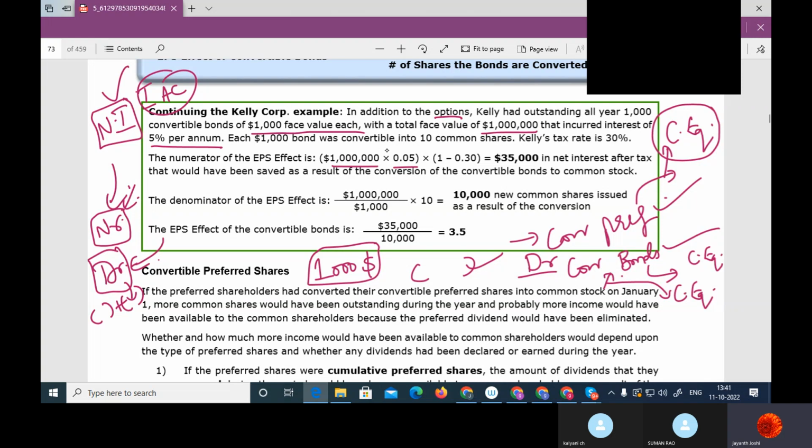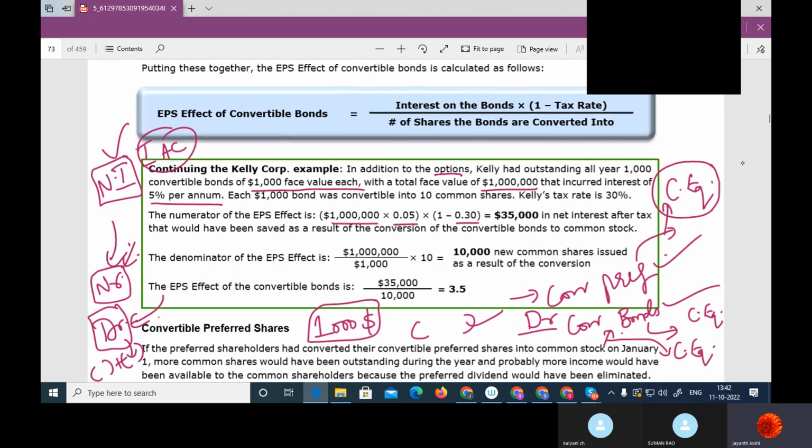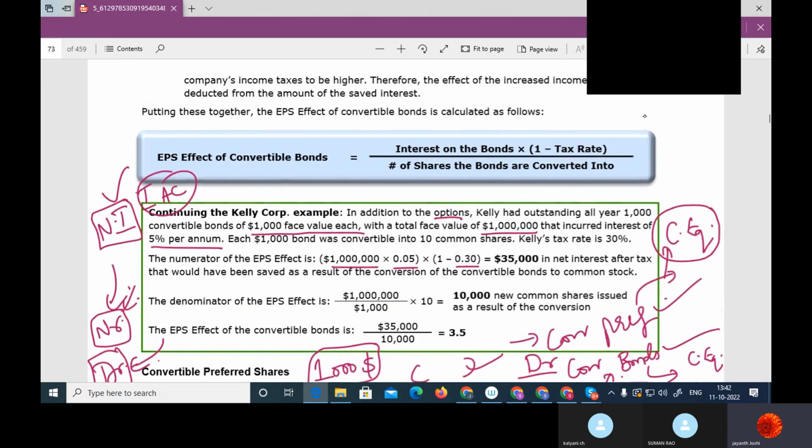5% is $50,000. You have to remove the tax, because for you the cost is $35,000. Why is it a cost for you? Because 30% has gone for tax. Interest is tax deductible. You can claim deduction on this interest expenditure you are paying to your bondholders.